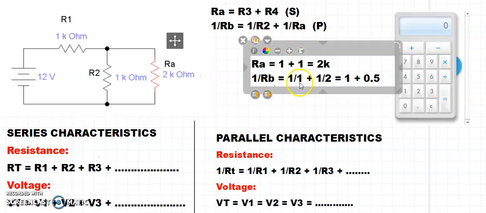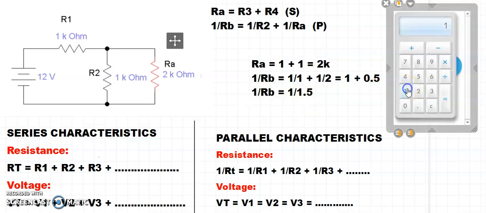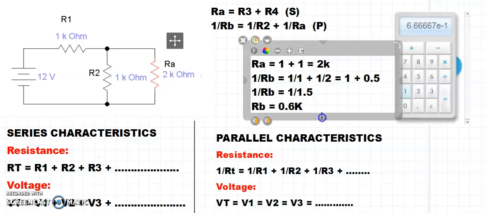1 upon R2 is 1 upon 1, plus 1 upon RA is 1 upon 2, and if we solve it, 1 plus 0.5 gives you 1 upon Rb equals 1 upon 1.5, and if you divide 1 by 1.5, you should get 0.6 k.